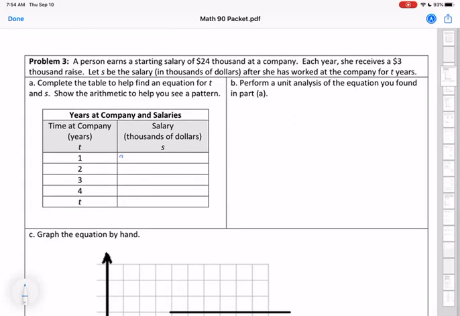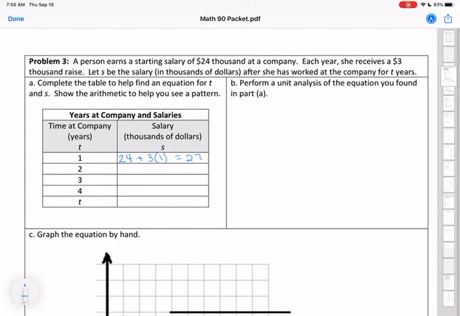So I'm going to put in 24 and then added how much every year? 3,000, right? So I'm going to put in a 3. This part looks kind of silly, but I'm going to do it so that it helps me come up with the equation. So 3 times the 1 year. And if I actually do that math, I would get 27.